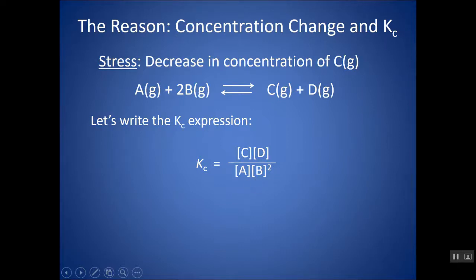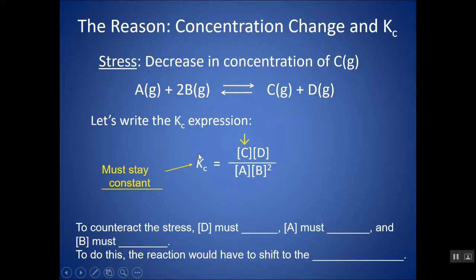So let's say my stress is that there's a decrease in the concentration of C. Okay, that's my stress, a change in concentration. So if C goes down, let's talk about what's going to happen to all these other concentrations. What do we know about Kc for a reaction?